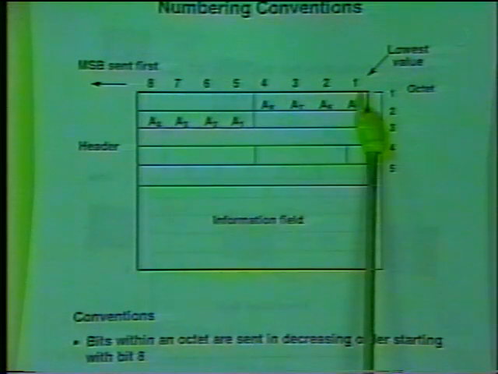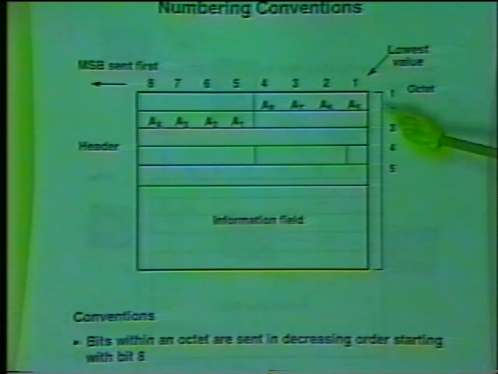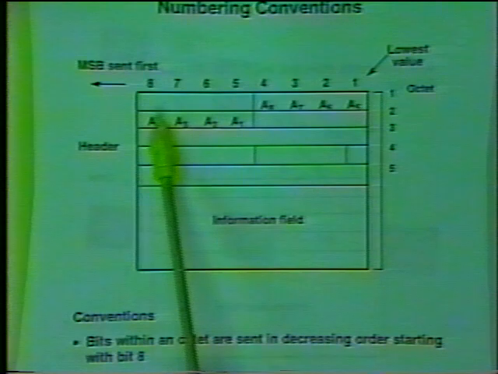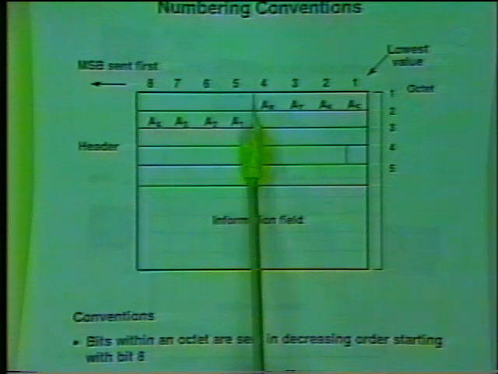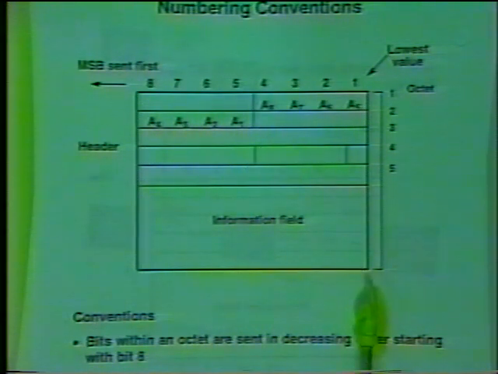Bit 1, the least significant bit, is sent last. And then the first, or lowest numbered, octet is sent first. So if we're going to send this frame across the network, bit 8 of the first byte is sent first, and then bit 1 of the 53rd octet is sent last. So that's all this slide's trying to show.